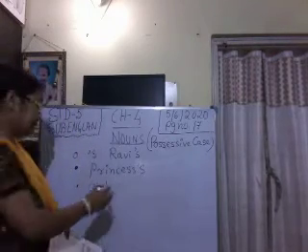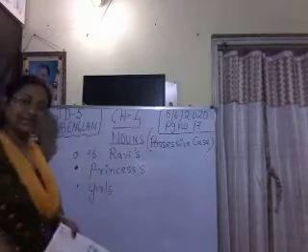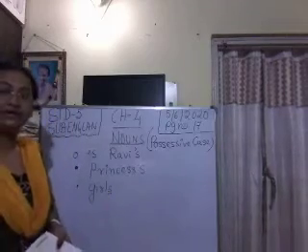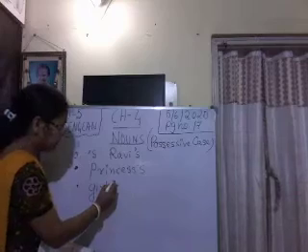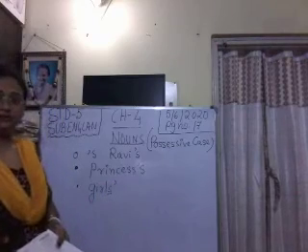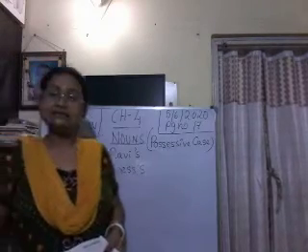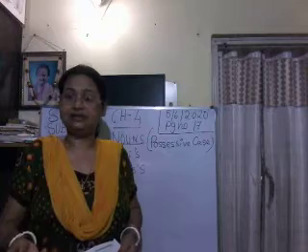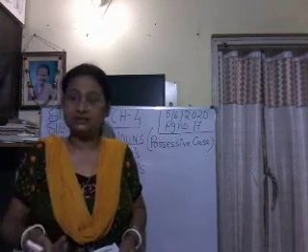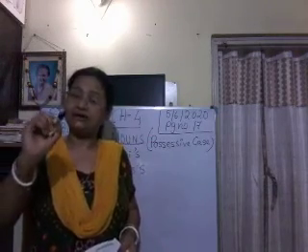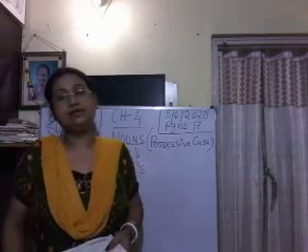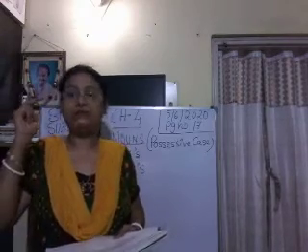As it ends with the letter s and it is plural in number, after s we will give an apostrophe. This is a boys' hostel. If I say this is a boys' hostel, B-O-Y-S, then after s I will give the apostrophe. This is the rule you have to keep in your mind.